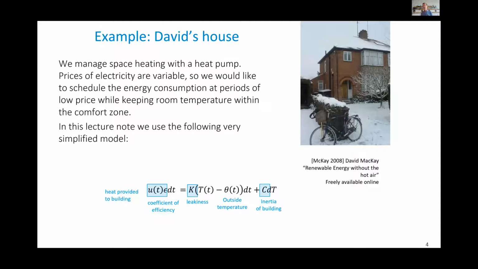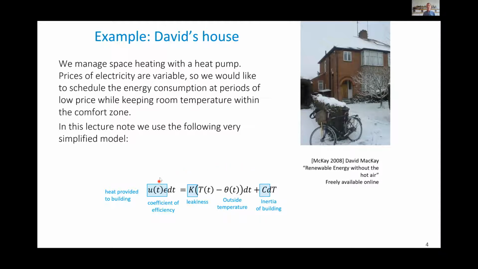Then the second thing that happens to the heat we put into the house is that hopefully it is used to increase the temperature. By increasing the temperature, it goes into the materials that are inside the house, the air, but that's not very much material, essentially the walls, the furniture, the house itself. So this is captured by the inertia of the building.